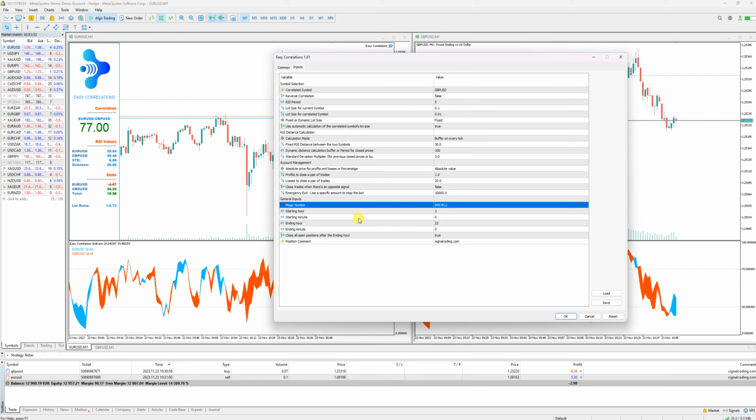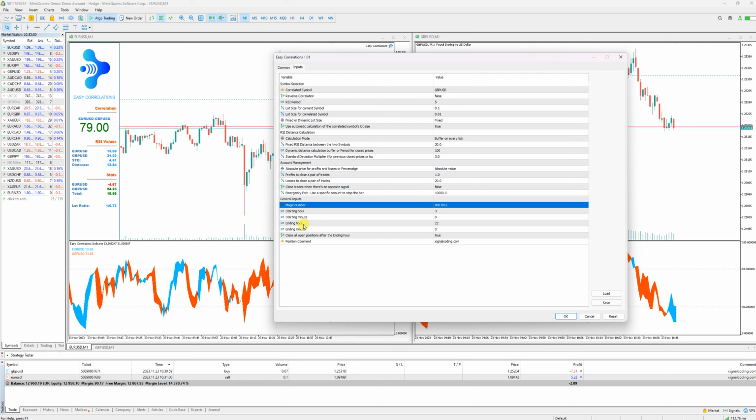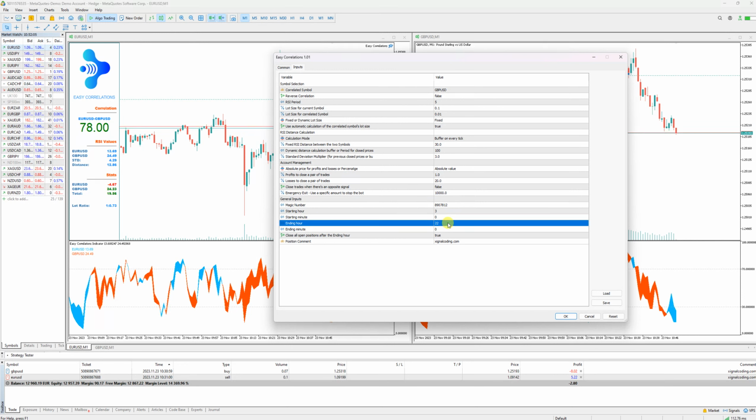Starting hour, starting minute, ending hour, and ending minute, when you want your trading robot to start trading and stop trading. By the way, the ending hour doesn't need to be less than the starting hour. For example, you can start trading at 10 o'clock at night, so this can be 22, and stop trading at 3 o'clock in the morning, so this will have to be 3.